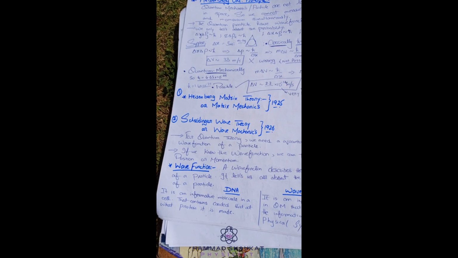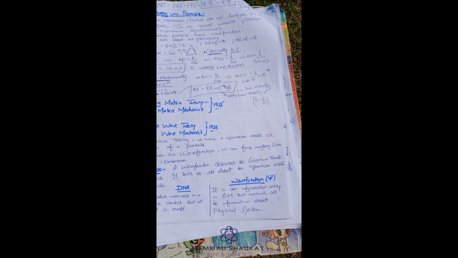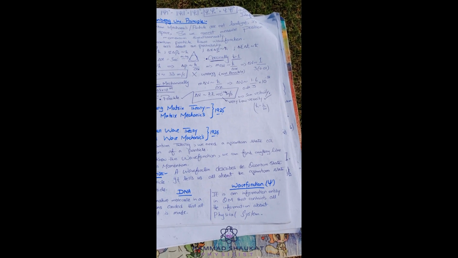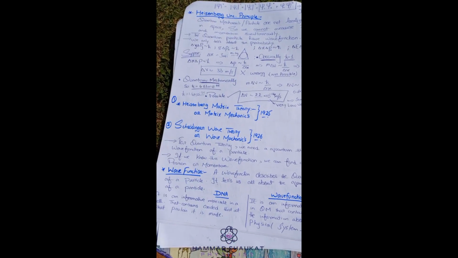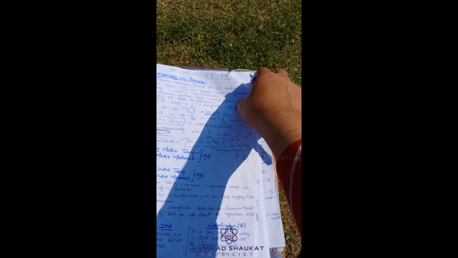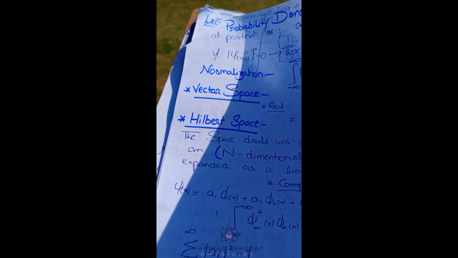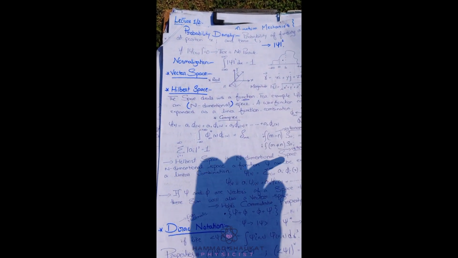DNA holds the information about a human, and the wave function is an information entity in quantum mechanics that also holds the information of a physical system. So if you want to know what a wave function is, you can compare it with DNA. The working principle of a DNA and a wave function are the same.